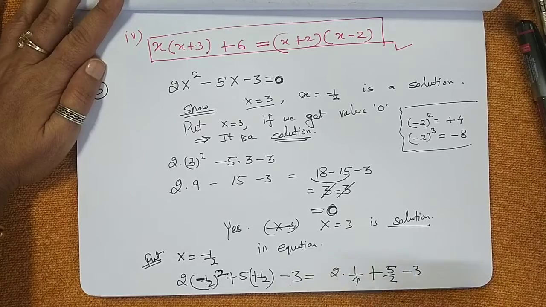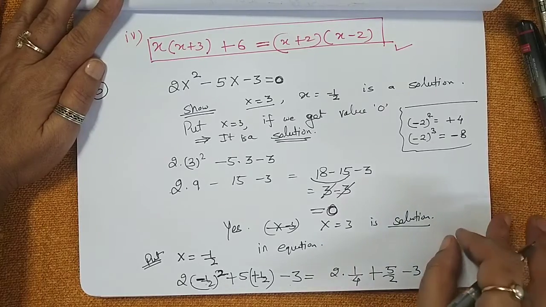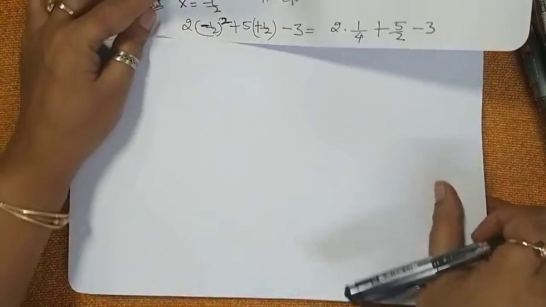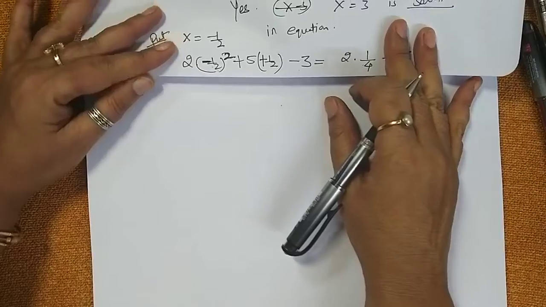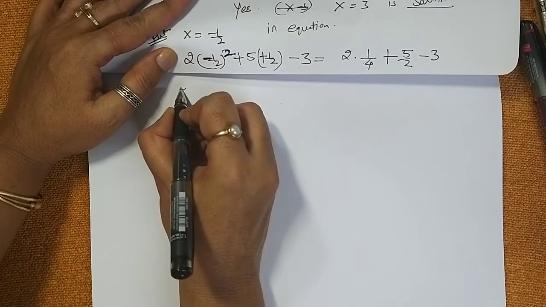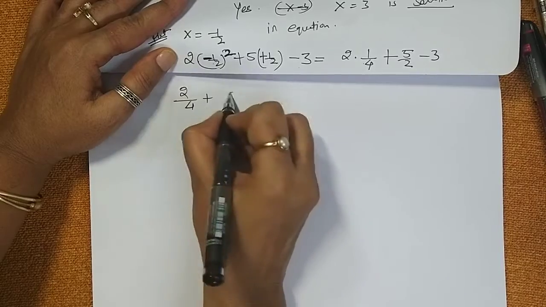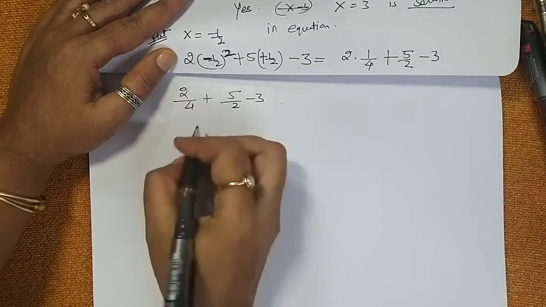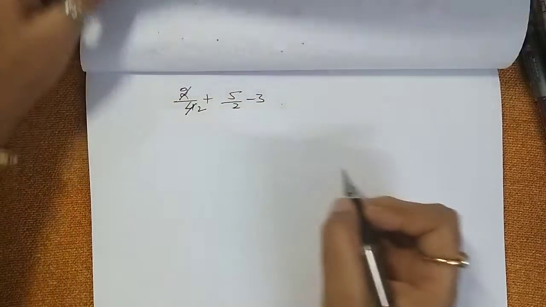Okay, so let me solve it a little bit further. So what I am getting here, guys, let me solve it. This I am getting 2 by 4 plus 5 by 2 minus 3. The 2 will cancel out.